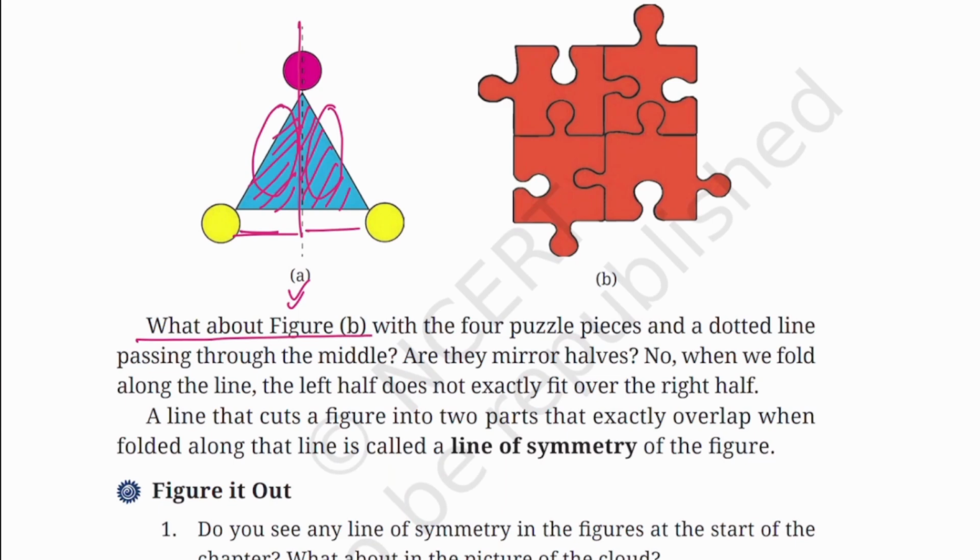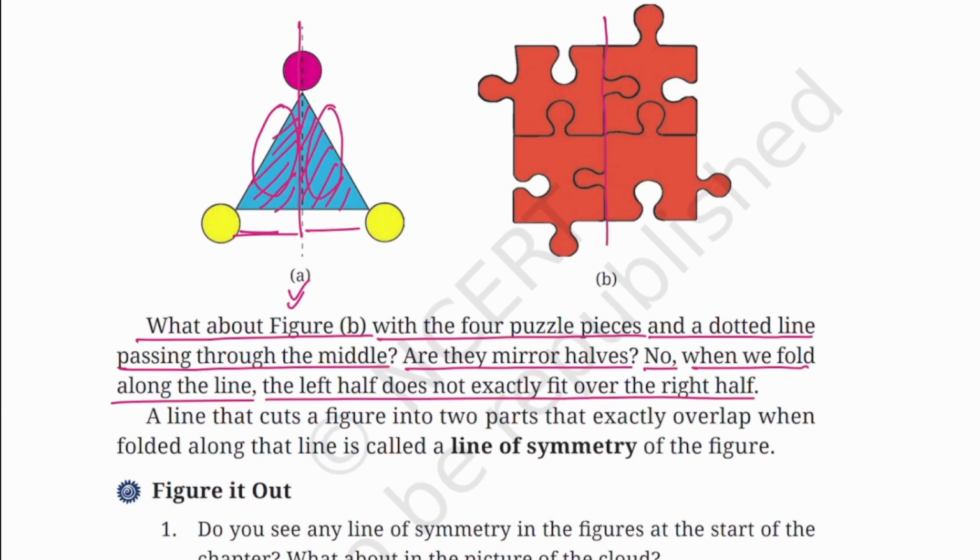What about figure B with the four puzzle pieces and a dotted line passing through the middle? Are they mirror halves? No. When we fold along the line, the left half does not exactly fit over the right half. You can see here.